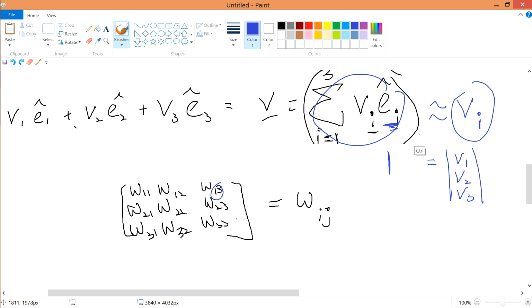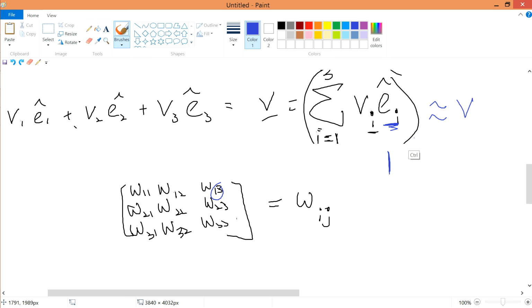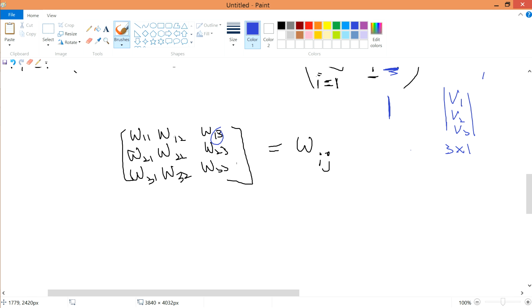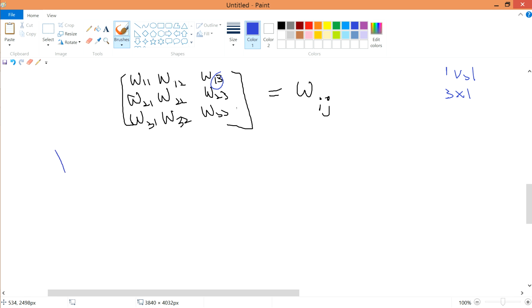I'm just doing this systematically right now. This may feel a bit boring, but I just want to prove certain things to you. This vector is in terms of v1, v2, v3, and we can say that this is 3 times 1, rows times columns, so 3 rows times 1 column. Therefore we can take vi, which we derived earlier, and multiply it with this tensor.